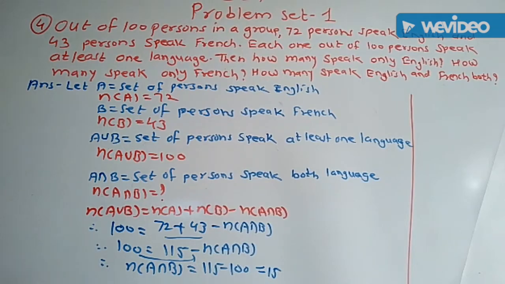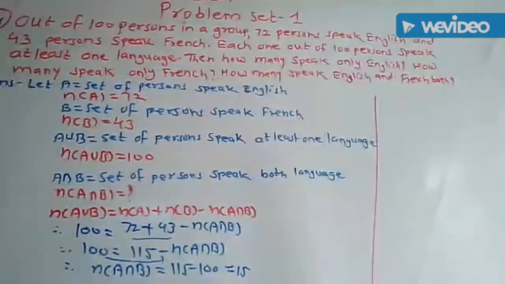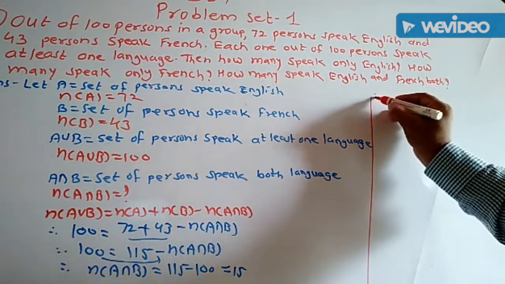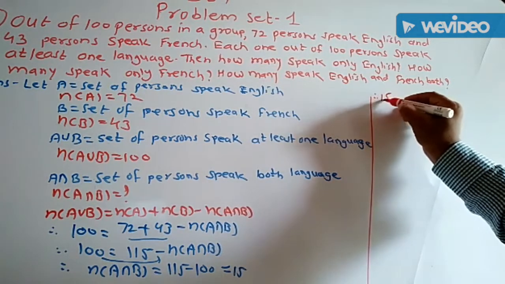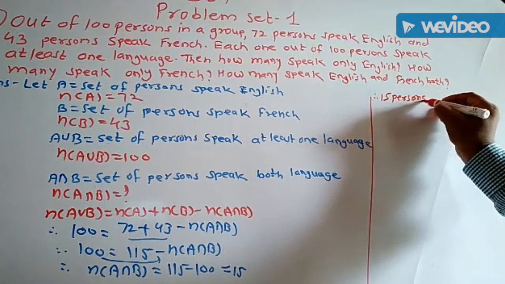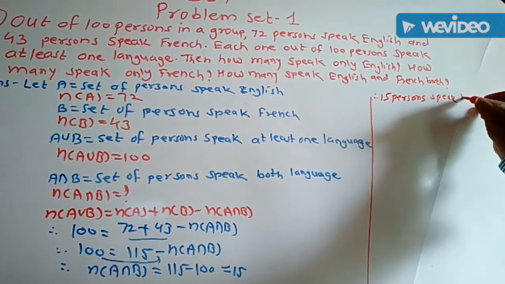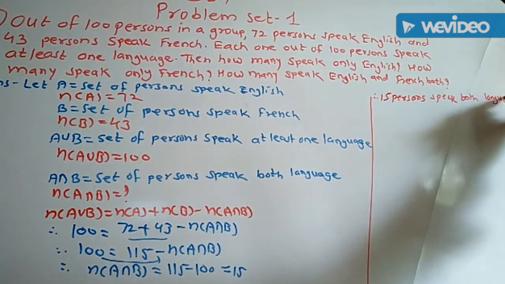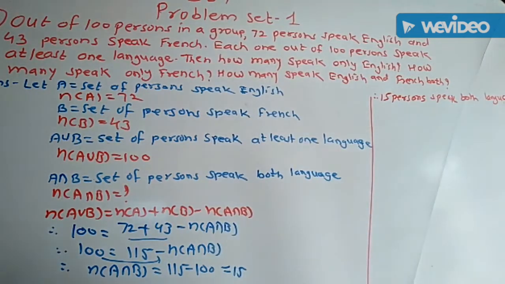That is, n(A intersection B) is equal to 15, which we had to find. 15 is the number of persons, 15 persons speak both the languages.